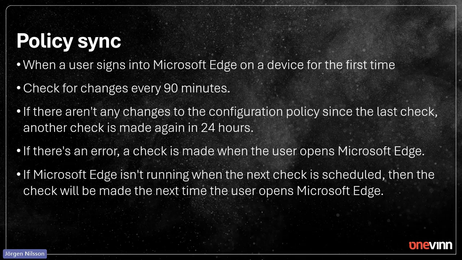So that's probably unnecessary as well. That's also some of the housekeeping we need to do with Edge, right? And if Edge isn't running for the next policy check, then it will check when you open Edge again. Today, Edge is basically open in the background on all our machines, so that will probably not be an issue at all. So that's also important.